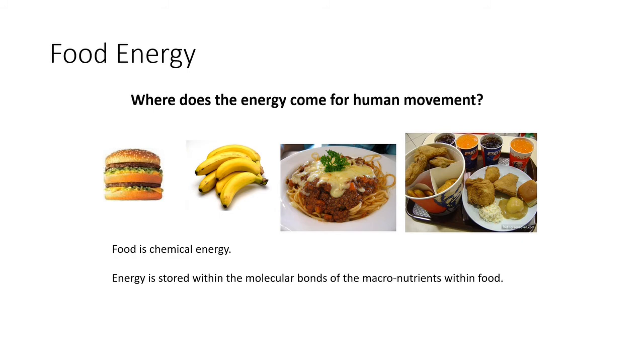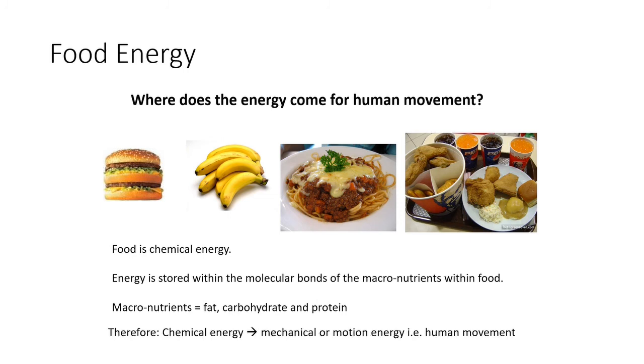So food is chemical energy, and it's stored within the molecular bonds of these macronutrients. So when it comes to humans, chemical energy is converted to mechanical or motion energy, which results in human movement.